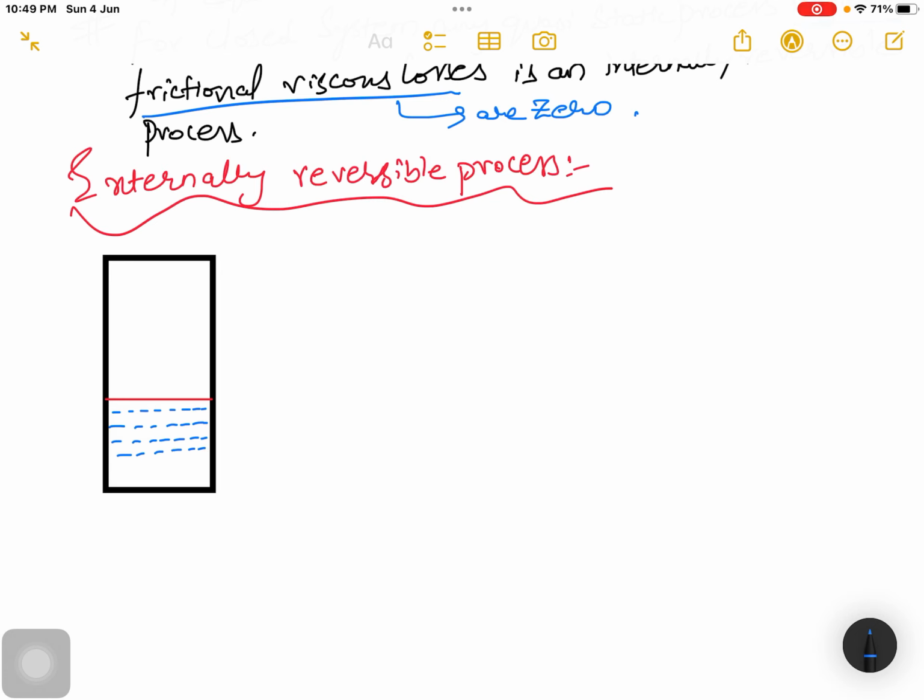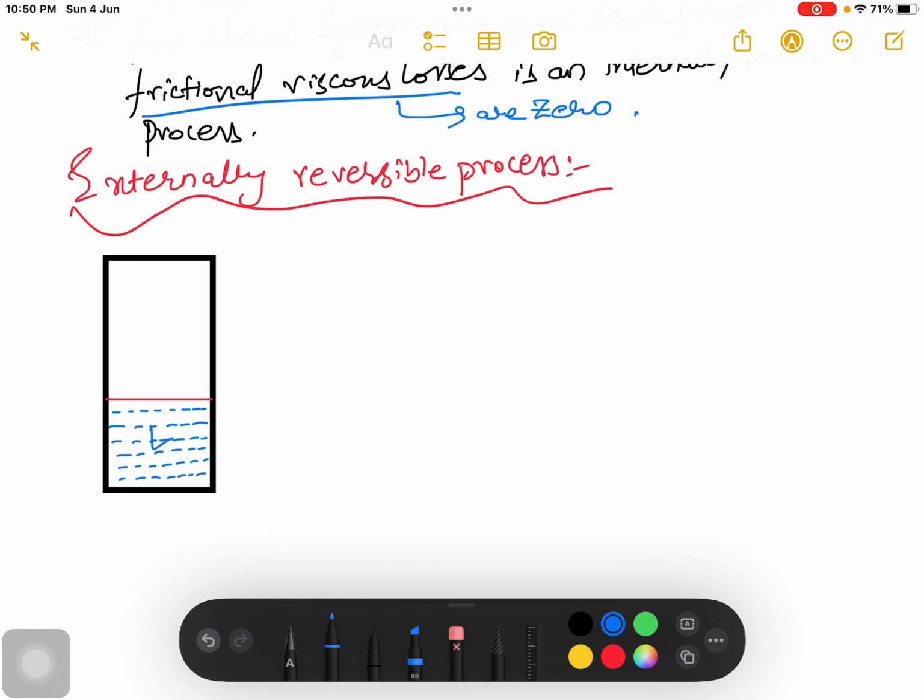This is the liquid. This is a hectic concept of externally reversible process. If you understand this concept, this will be a cakewalk for you for the entropy chapter and available energy, availability.